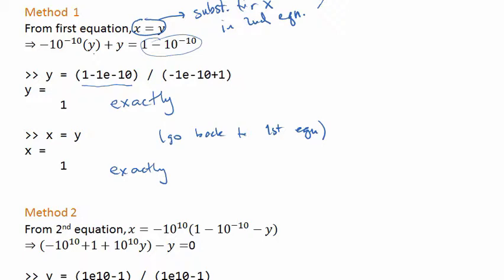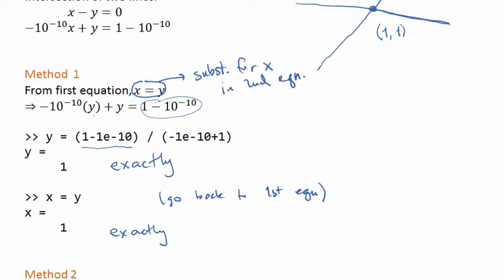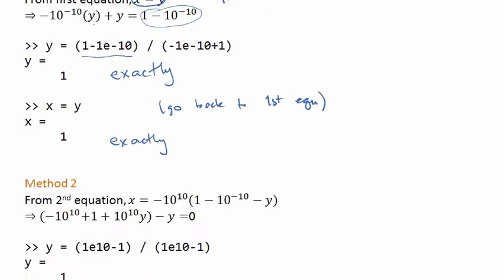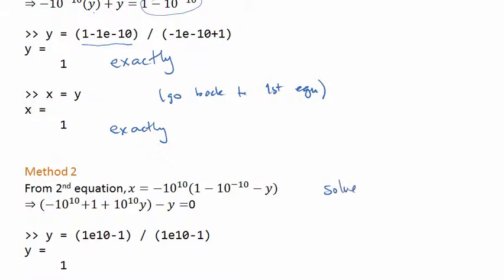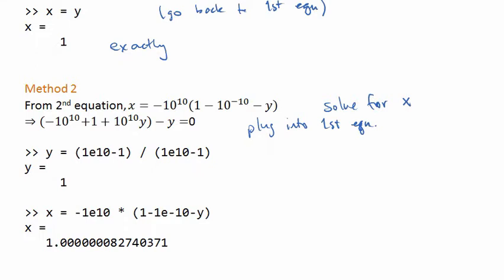On the other hand, there was nothing that distinguishes that first equation from the second equation. We could just as well start with the second equation. From the second equation, we solve for x. We get a more complicated expression in y. Plug that back into the first equation, and we get this result. Now we have to solve that equation for y.